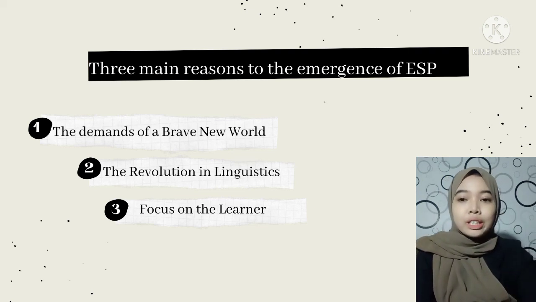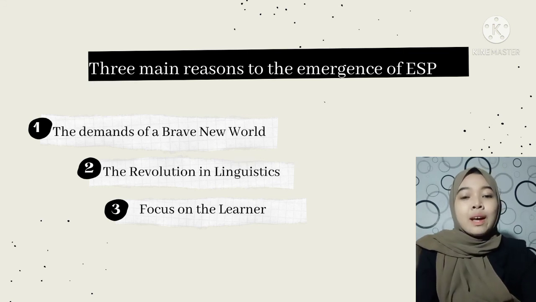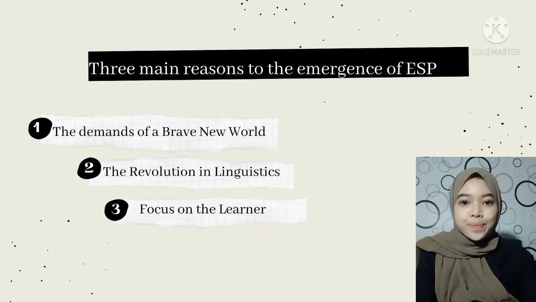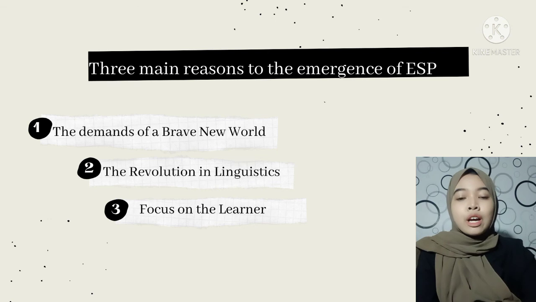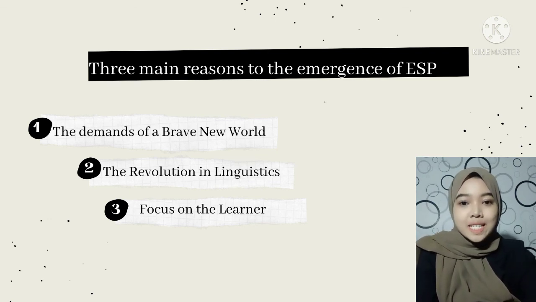The first factor is the Second World War. Its effect in science, technology, and economy raised English as an international language. English is used as the rule for science, technology, and economy.